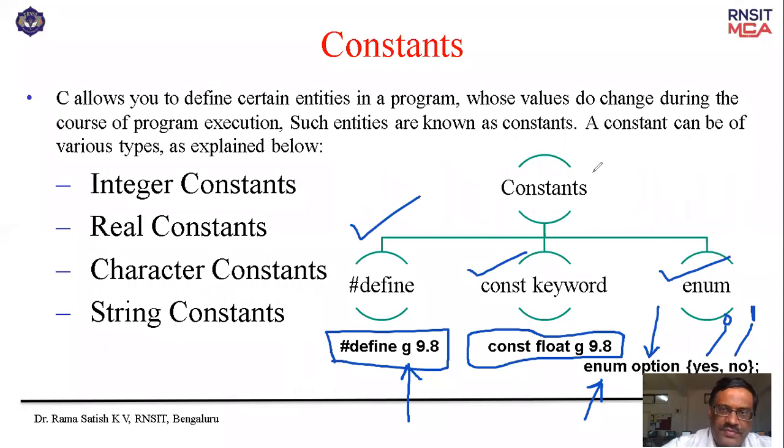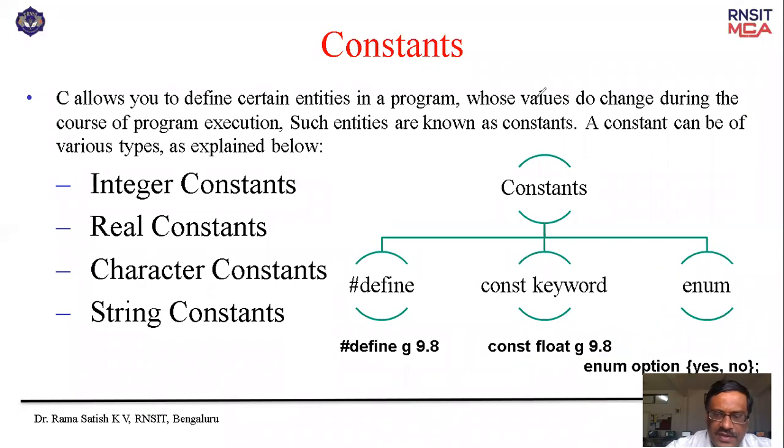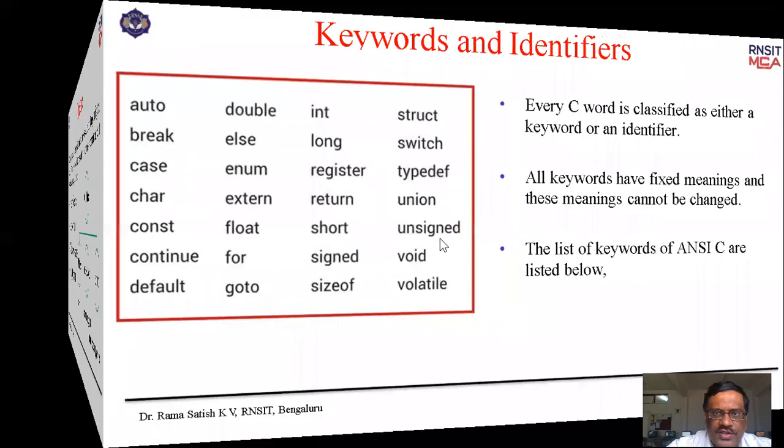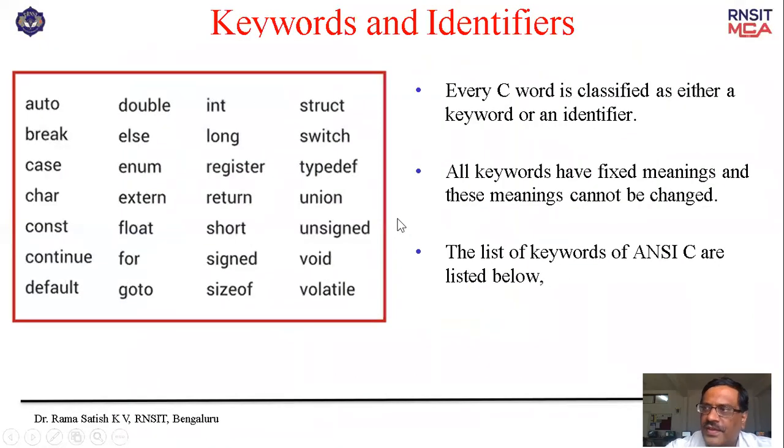Now, the next token we have here is keywords. Keywords are also called reserved words. You have almost 32 reserved words in the C language.